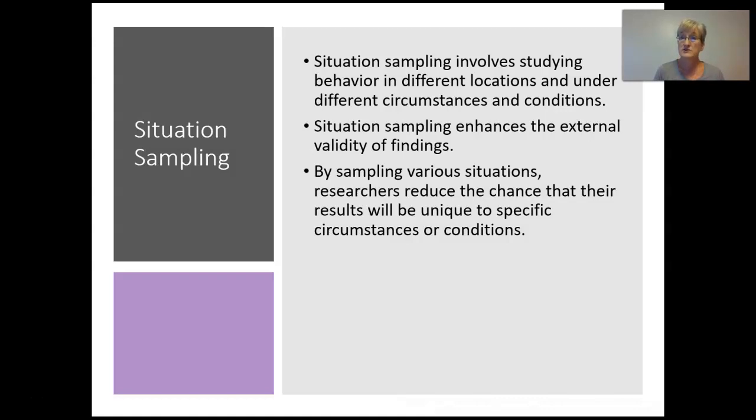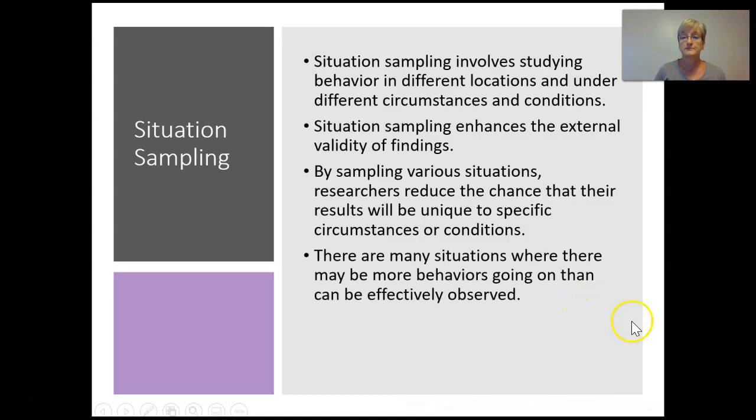Contrast that with when I went to my favorite farm supply store to get dog food, and I was the only one wearing a mask. So that's a difference between different situations that have different situational norms. So when your authors talk about the need to sample various situations so that your results are not just connected to the uniqueness of the one situation that you looked at, that's what they're trying to avoid.